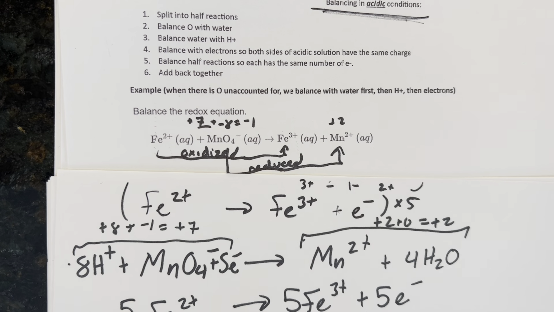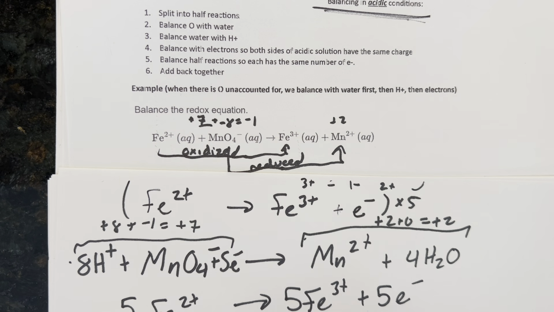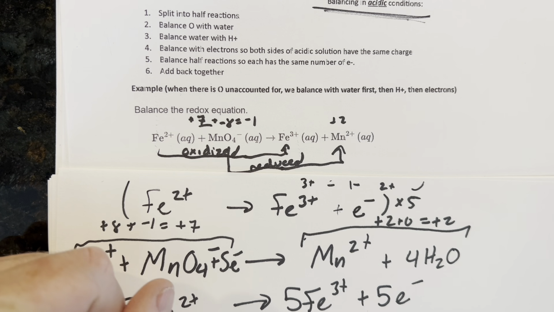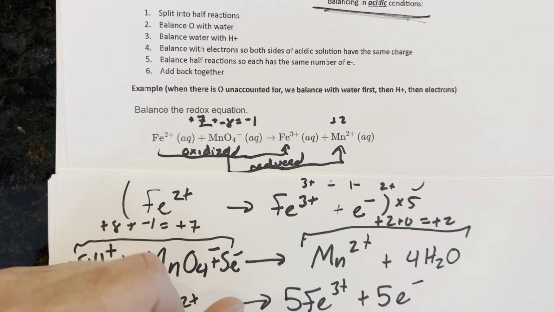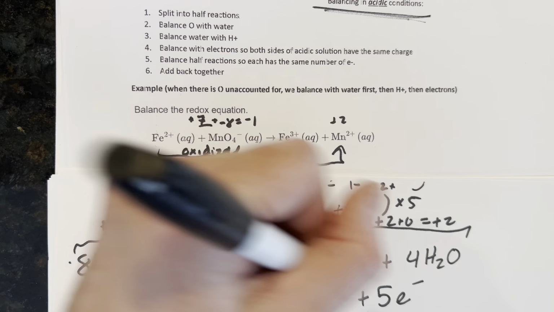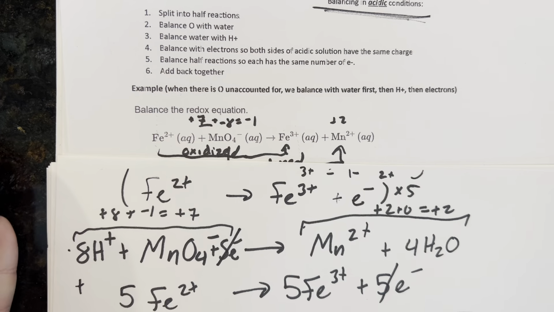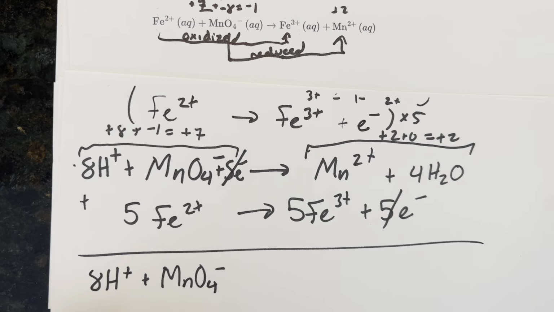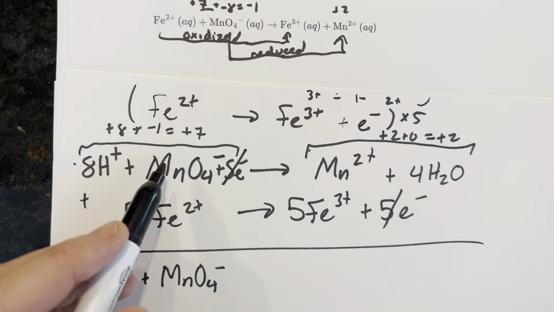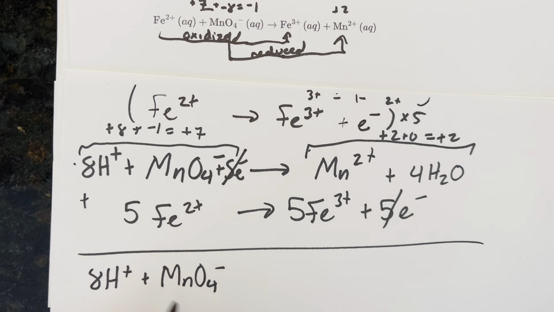All right, now we can add these up. So we had 8 H+ plus MnO4-. We have 5 electrons here and 5 electrons here, so they cancel.